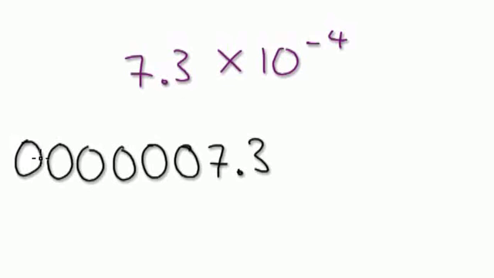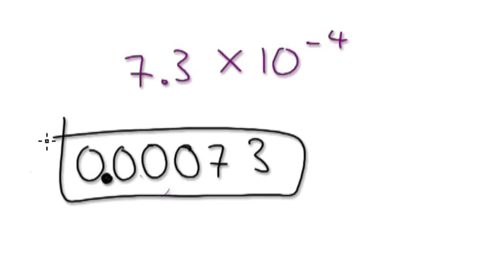I can have as many zeros as I want in front of it. Now, times 10 to the power of minus 4, that's going four places in this direction: 1, 2, 3, 4. So the decimal would be here. Let's get rid of these here. This is useless information, so this would be our answer here.